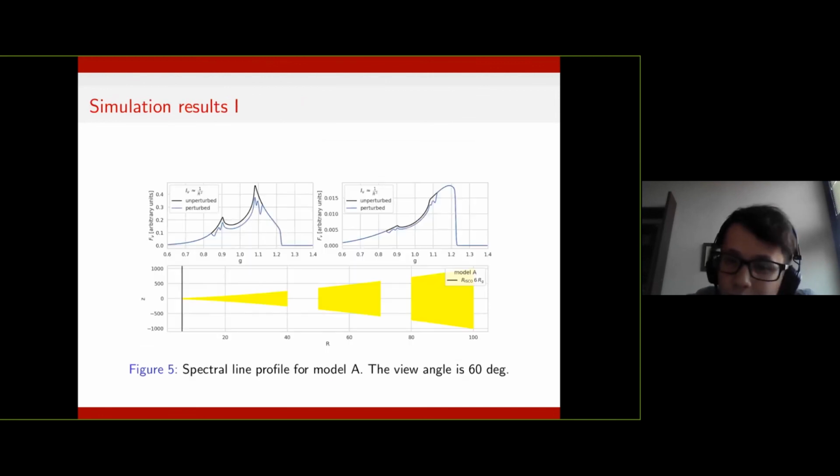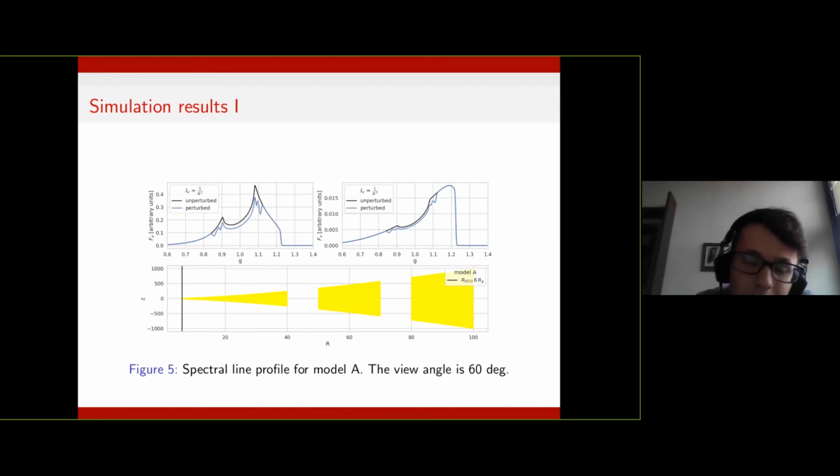So our aim was to simulate the spectral line profile of radiation coming from an accretion disk with not only one gap, but with multiple gaps, in this case with 2 gaps. And to somehow map what is happening in this system, we suppose the whole system is immersed in a high energetic medium, a corona.